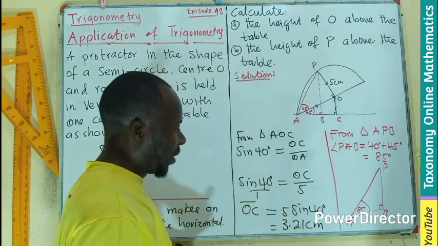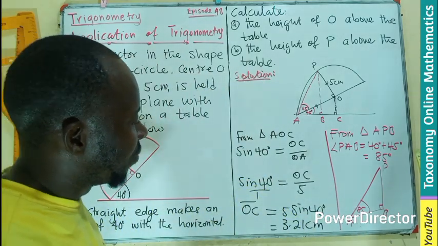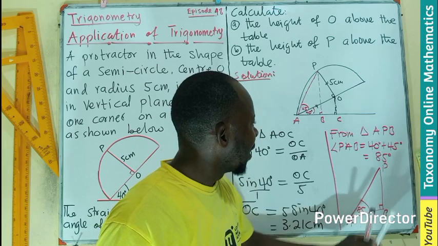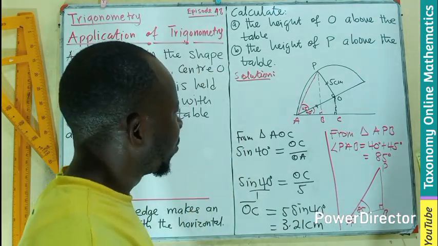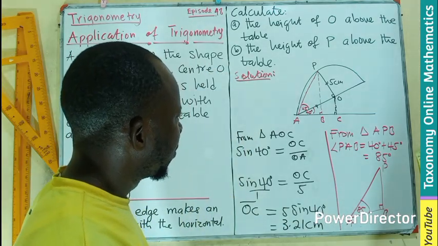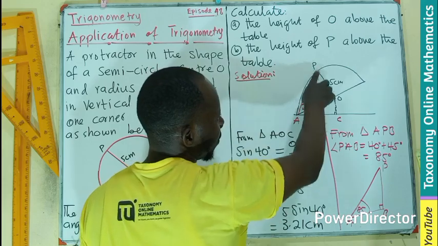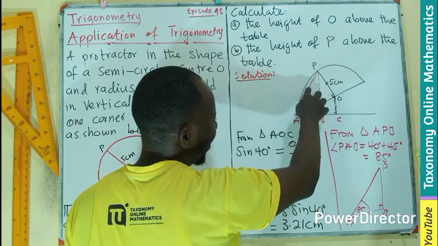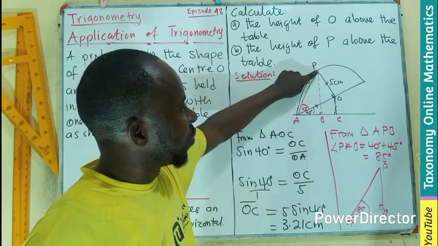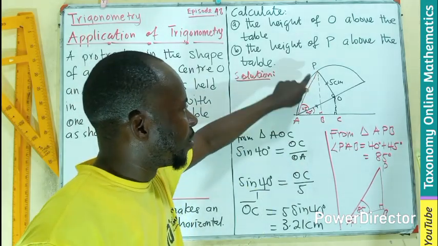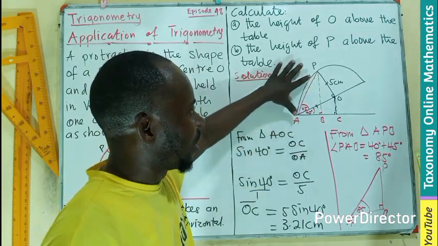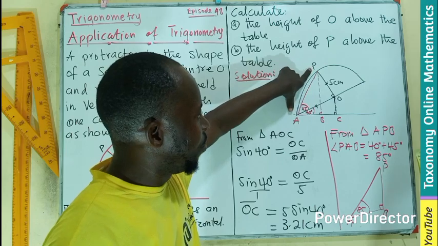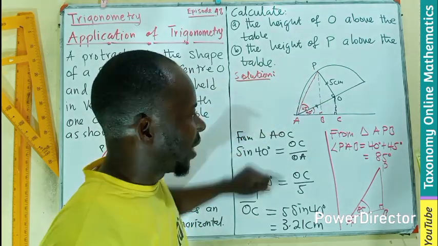So what again do we need? We are looking for this height. We need to find the length of this in order to find PB. So we have to pick the triangle APO and find that length.